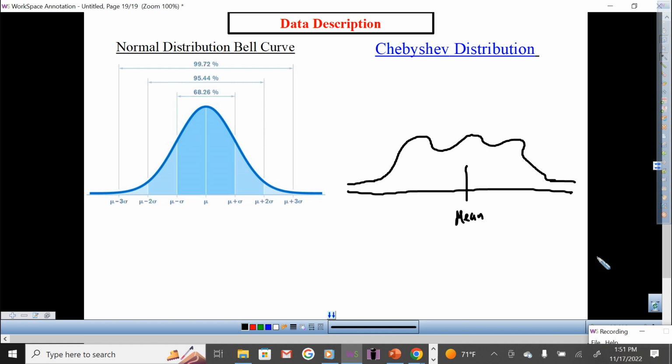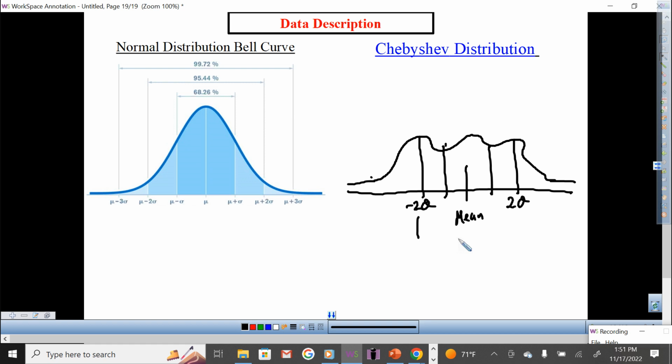Because according to him, it doesn't matter. Okay? But what he did say is that the percentages he gives are different from the normal curve. He doesn't start at the 1 standard deviation, he starts at the 2 standard deviations, the second one.